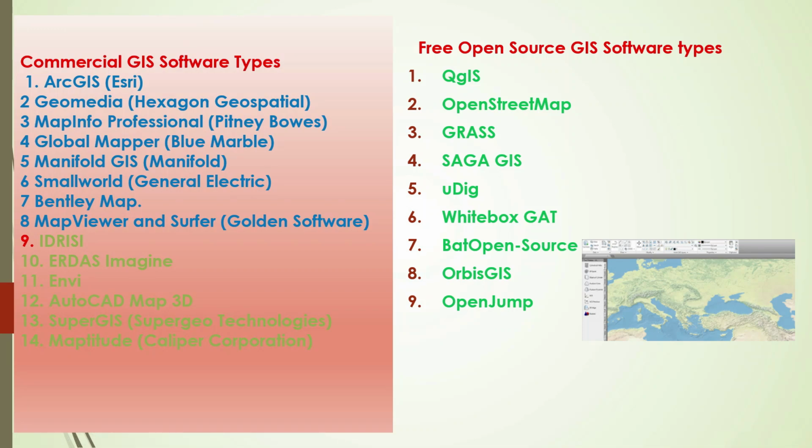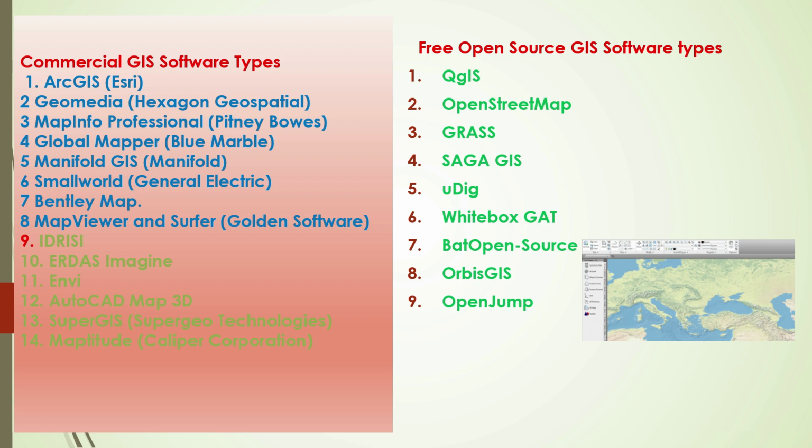So GIS software comes in different types. We have some that are commercially available, that is proprietary software that needs to be purchased. The license needs to be purchased before we can have access.